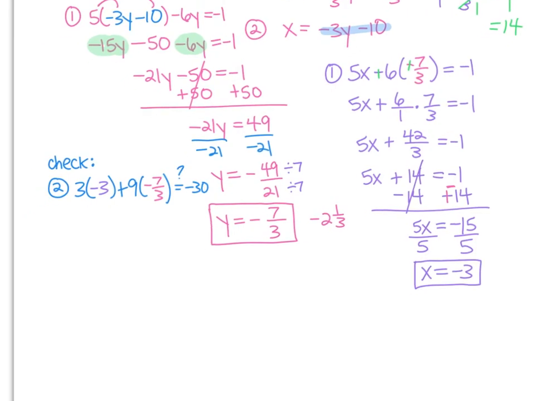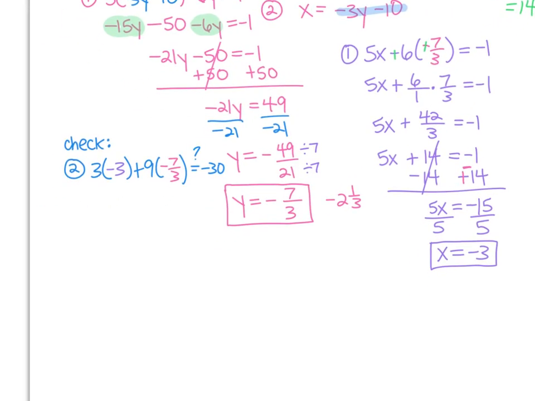Okay, so just evaluate here. 3 times -3 is -9 plus, now I'm going to go ahead and write that as 9 over 1 times -7 over 3. So I can do my math there. Multiply across. 9 times -7 is -63 over 1 times 3 is 3.